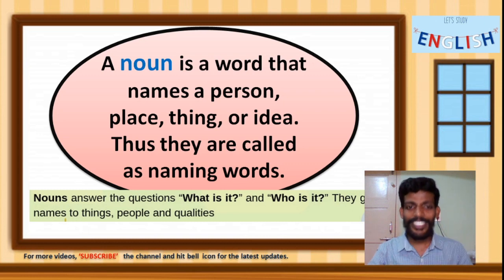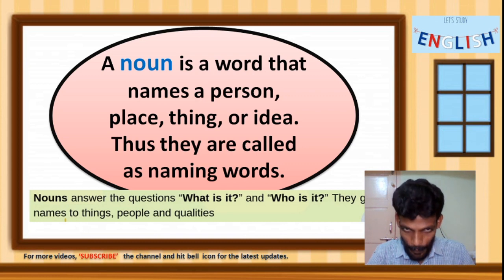If it answers the question what is it, then it tells the name of an idea or thing. If it answers the question who is it, then it represents a name of a person. If it answers the question where is it, then it tells a name of a place.